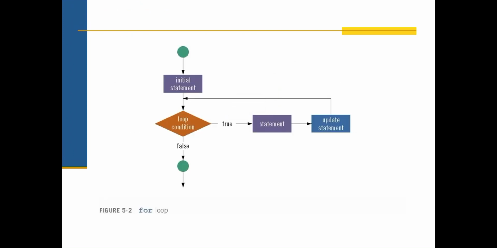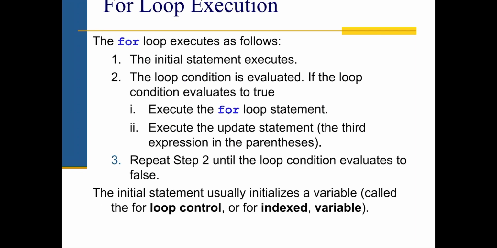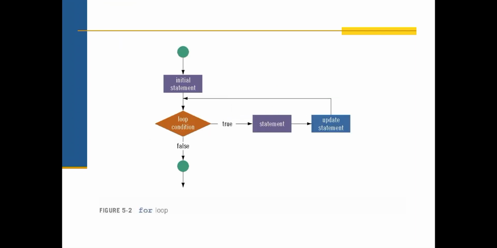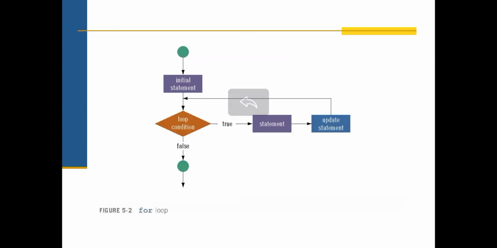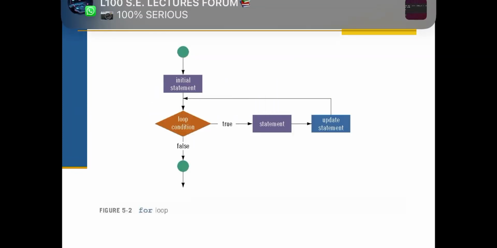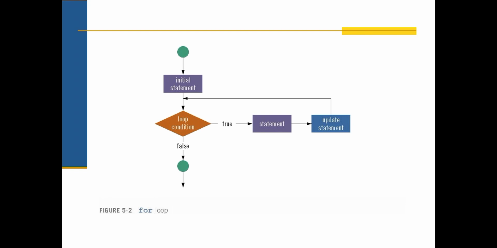So for you to understand this flowchart, you need to read the loop execution. Yes, the loop execution. So with the flowchart, first the initial statement, then the loop condition.